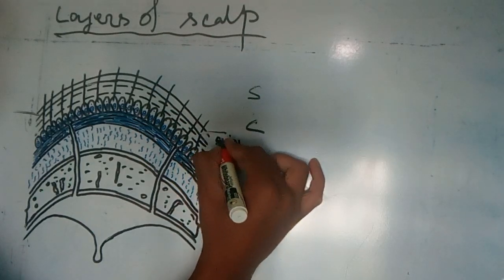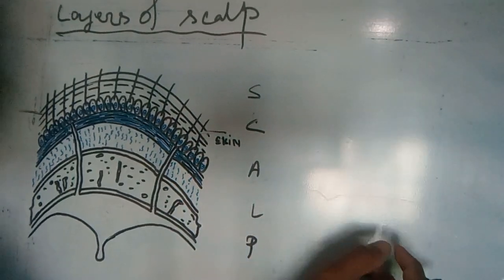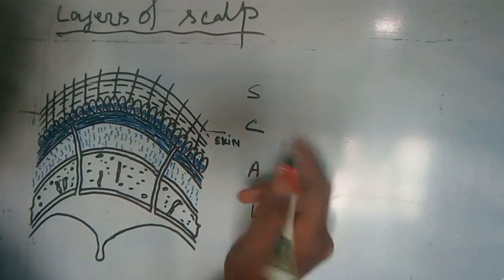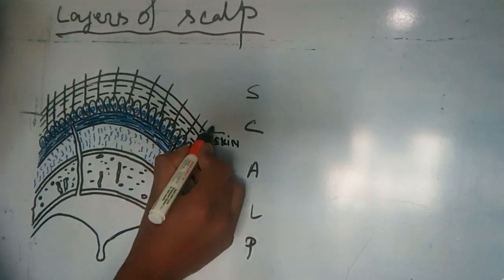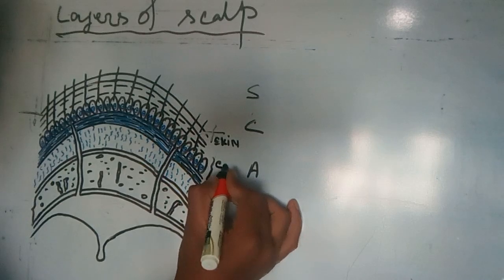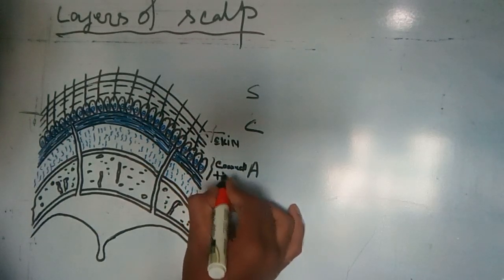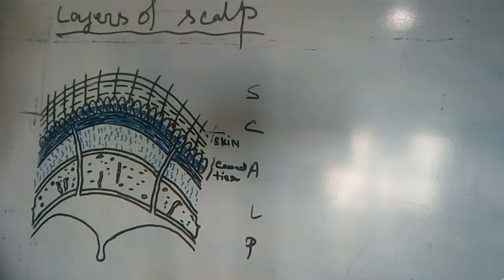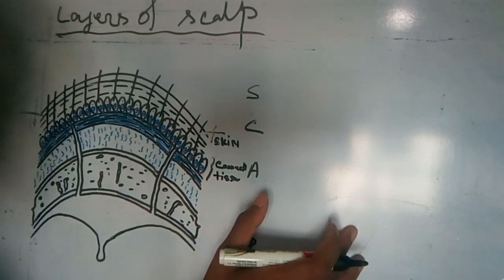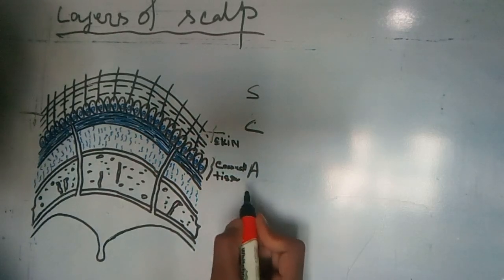This layer is called skin. Then the connective tissue. This layer is connective tissue, and this is the aponeurotic layer.